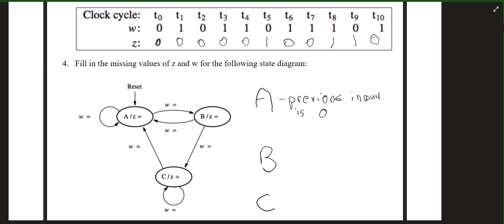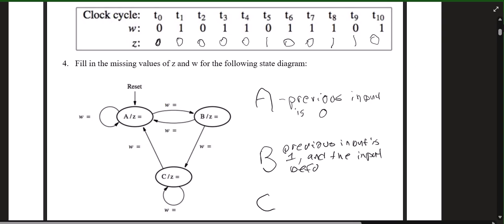Now, my next possibility is I'm on my way to getting 2 1s, but I don't have 2 1s quite yet. So this would be the previous input is 1, and the input before that is 0.